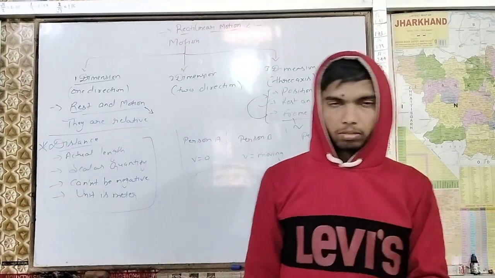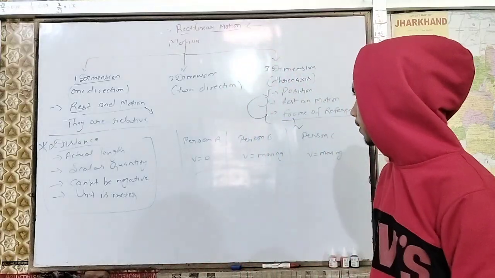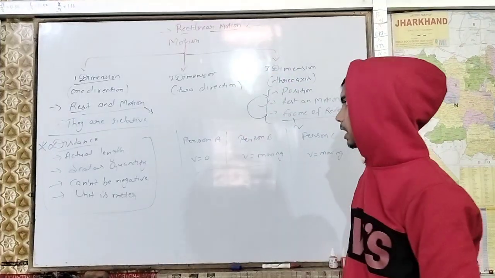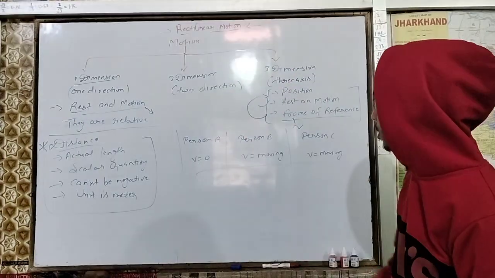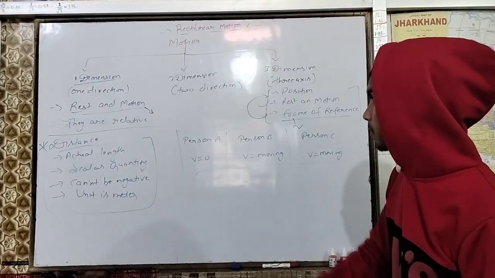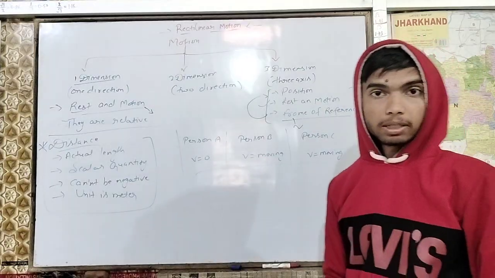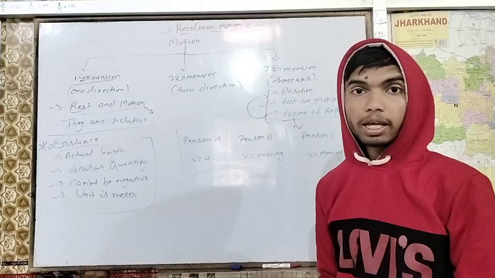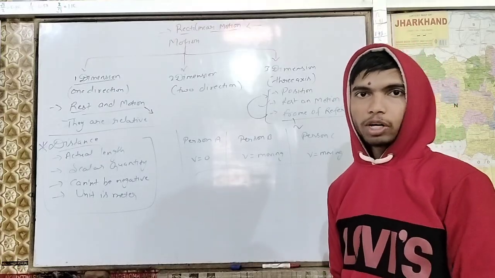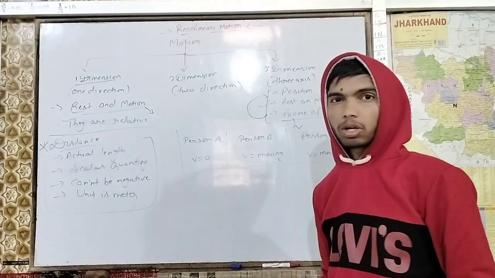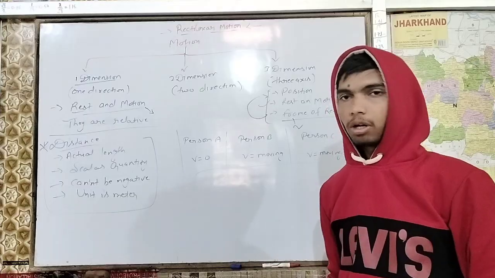There are three persons, let's consider them as person A, B and C. Here, V equal to zero for person A means that person A is not moving. This is what you understand from V equal to zero: the person is not moving at all.